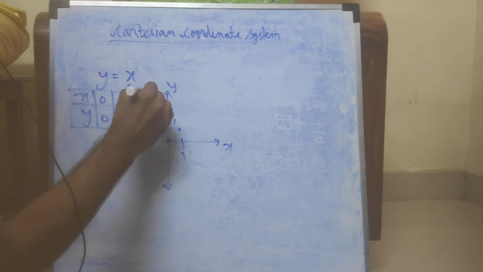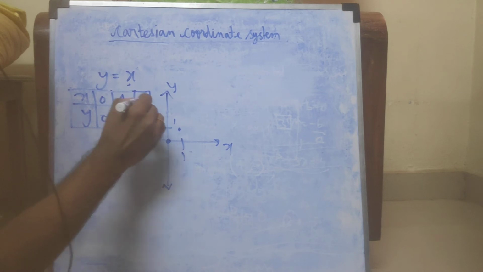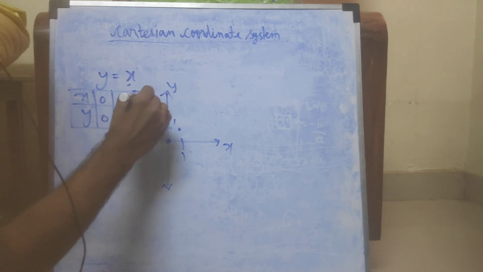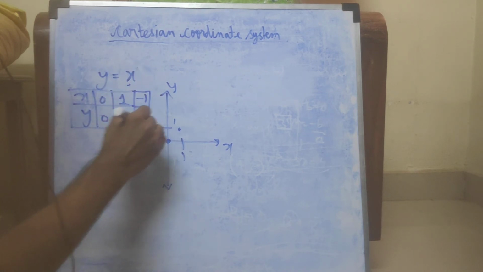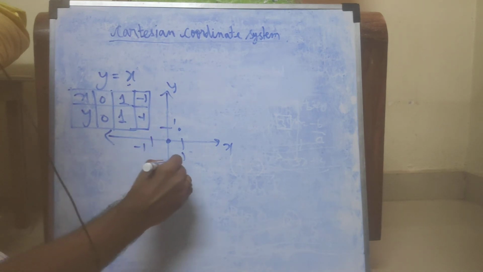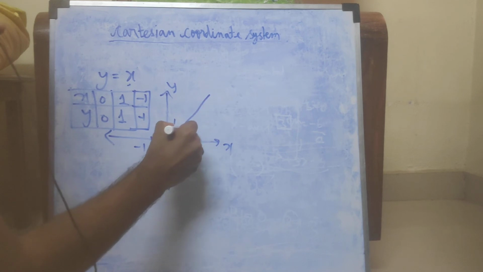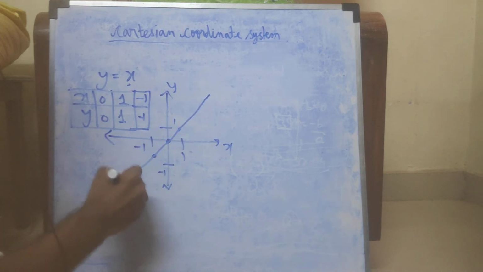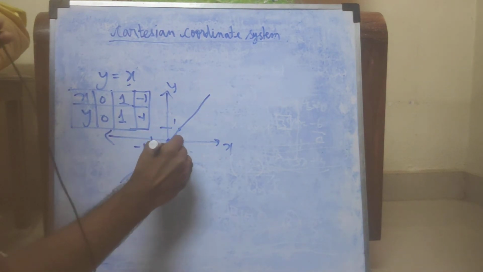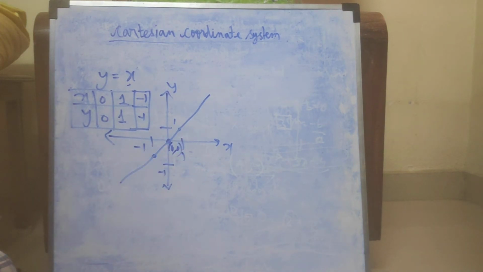For better understanding, if you take a third point, a negative point, if I take x as minus 1, then y will also be minus 1. So if I plot like this, it will be a line passing through the origin. So this is a straight line passing through the origin. This is important.